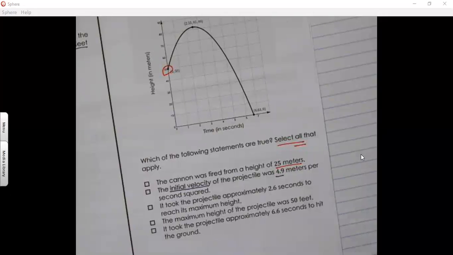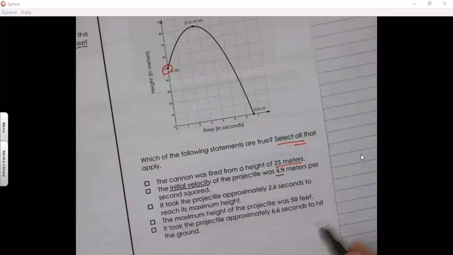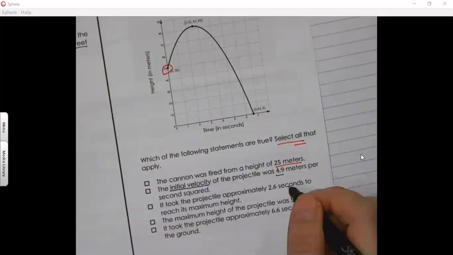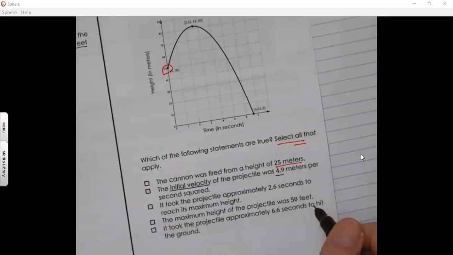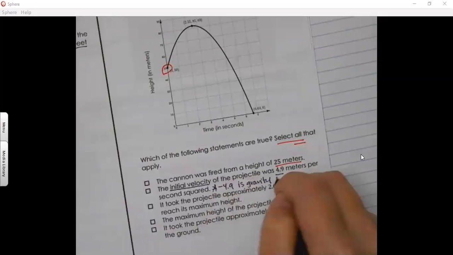Right. Velocity has nothing to do with the negative 4.9 or the negative 16, that's the gravity. We can't look at the graph and tell what the velocity was. We know it's in meters, and 4.9 is meters, but that's talking about the gravity, not velocity. So negative 4.9 is gravity, and we cannot determine the velocity just by looking at the graph. So we're not checking this one.